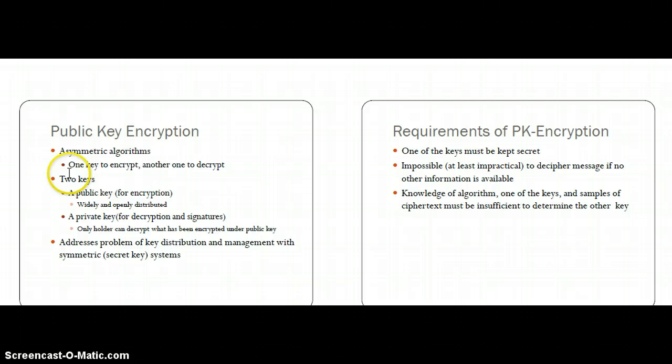The public key is for encryption, widely and openly distributed to all users in the network. If I would like to send a message to you, I will use your public key, which is distributed over the network, and send the message to you encrypted with your public key.